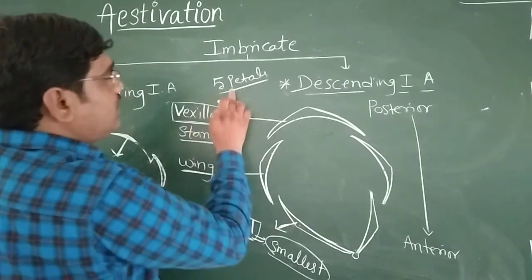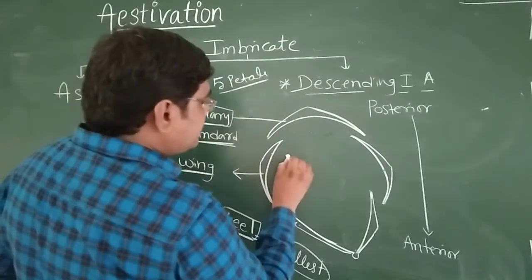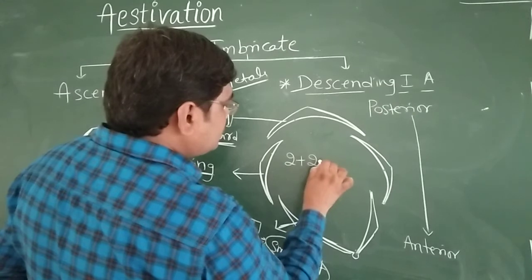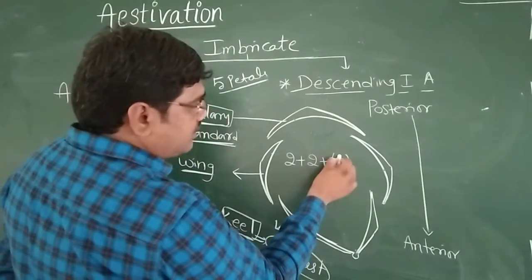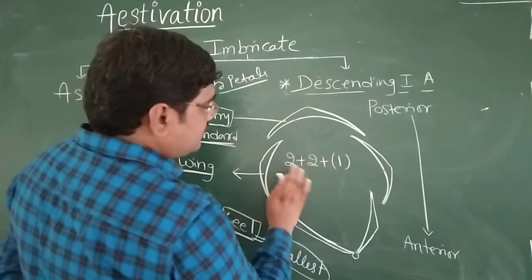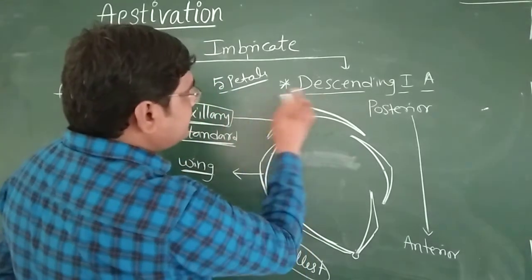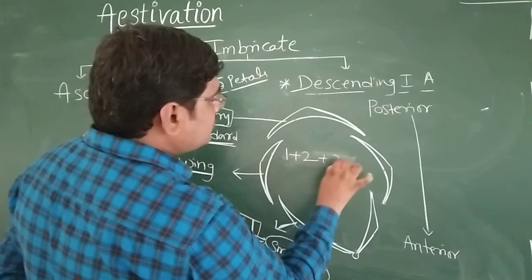Okay. So in the 5 petals, what is the arrangement? What is the arrangement of 5 petals in a descending imbricate? It is 1 plus 2 plus 2.